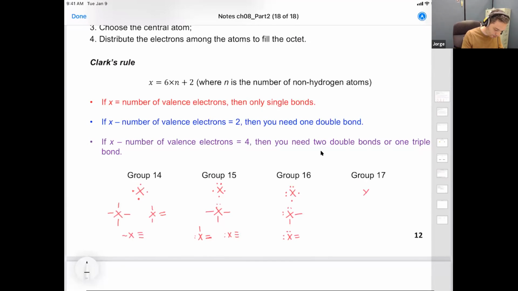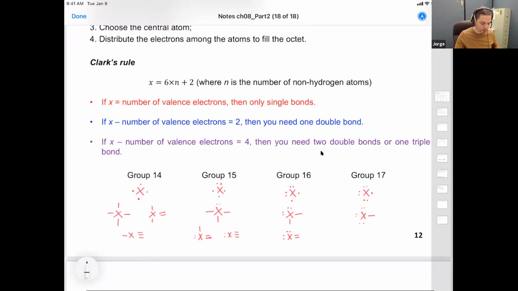And finally, group 17, 1, 2, 3, 4, 5, 6, and 7. So it's super close to 8, 7, 8, and that will do it for group 17. So therefore, elements from group 17 usually only make 1 single bond in most compounds.